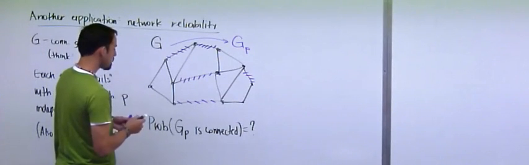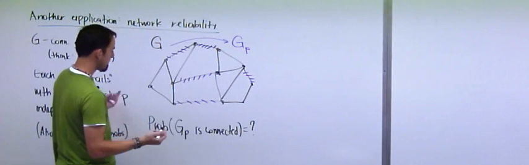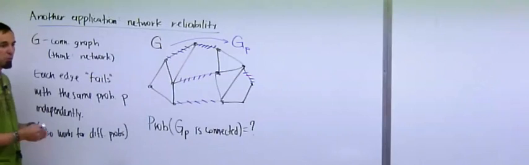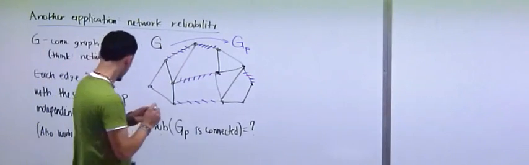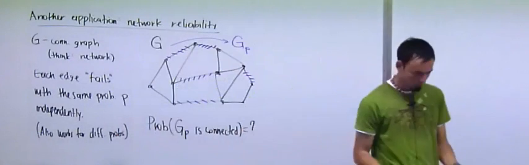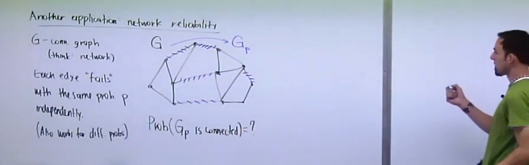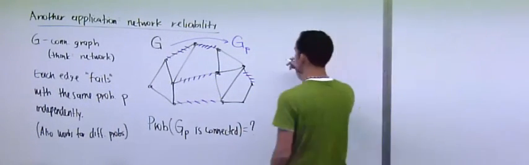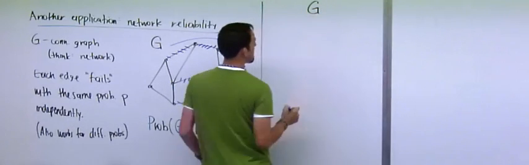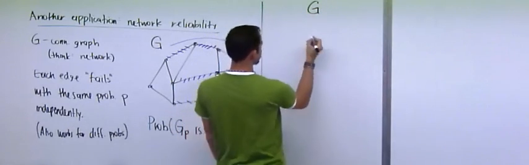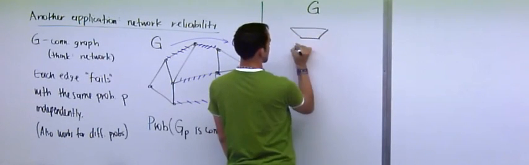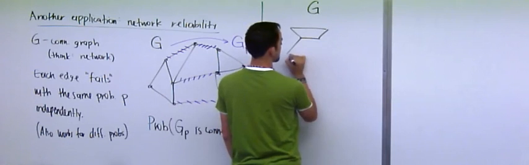And as we're going to see, they have a lot to do with what we're doing. So what we're going to do now is this. Maybe let's take the graph G. And let's zero in on some edge.